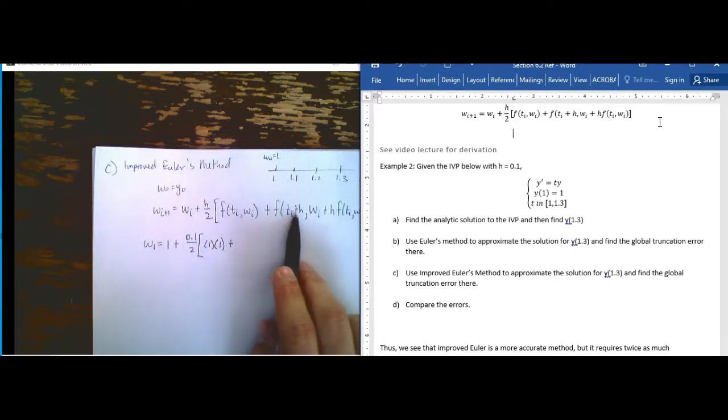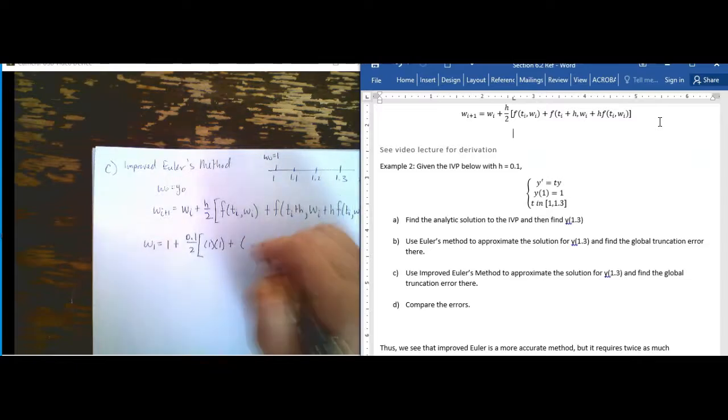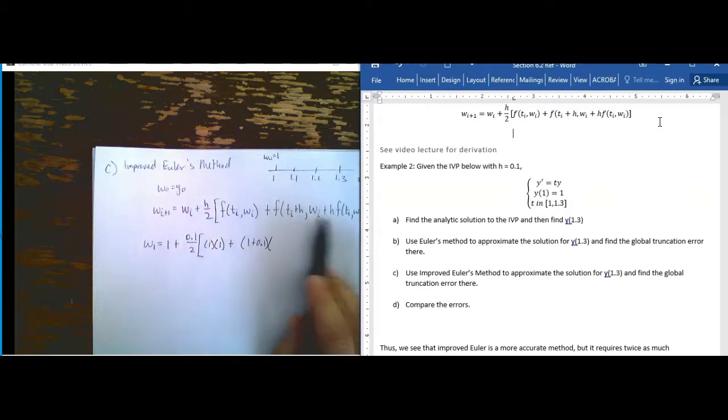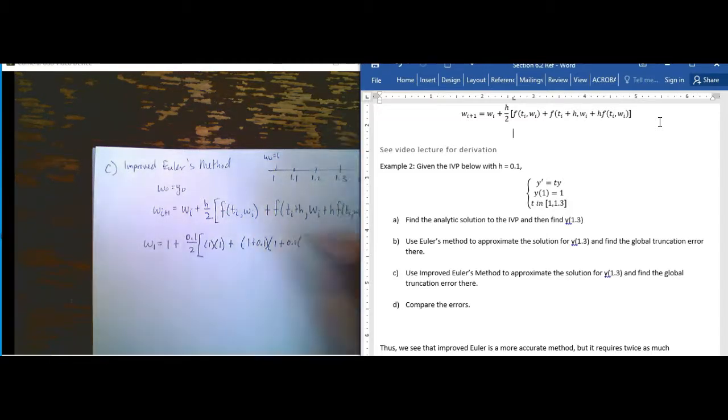Well, that would be t0 plus 0.1, which is 1 plus 0.1, times this guy for y. So w0 plus h times f of t0, w0, which would be 1 times 1. Okay.